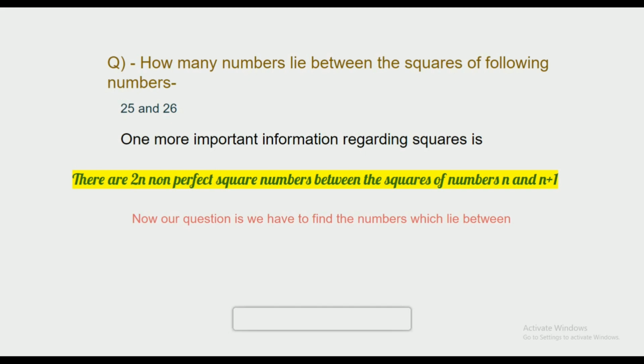Now our question is, we have to find the numbers which lie between the squares of 25 and 26. Here 25 is n and 26 is n plus 1, because it is 1 bigger than 25. So we got n is equal to 25 and n plus 1 is equal to 26.